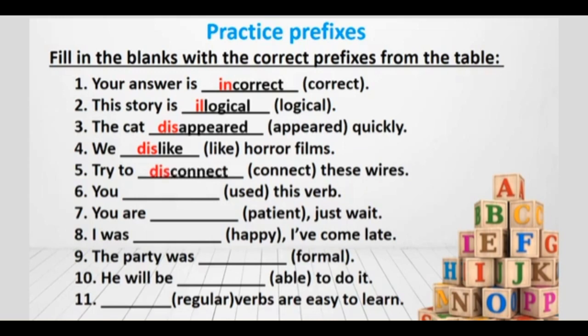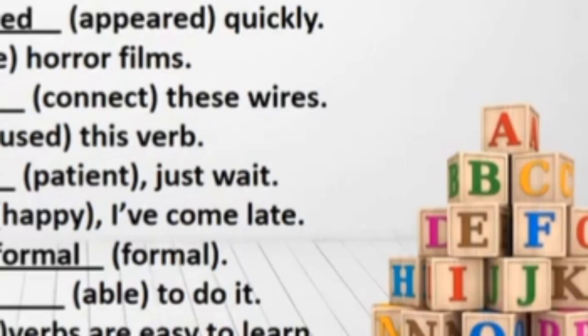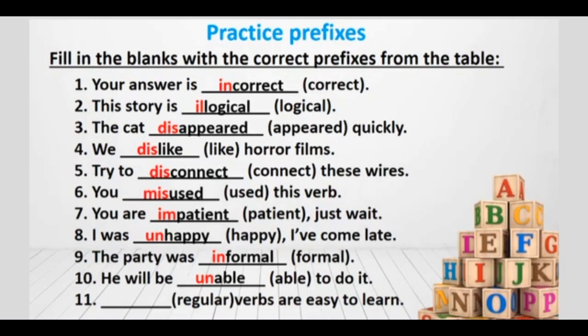Number 6, you misused this verb. Number 7, you are impatient. Just wait. Number 8, I was unhappy. I have come late. Number 9, the party was informal. Number 10, he will be unable to do it. And number 11, the opposite of regular is irregular. So irregular verbs are easy to learn.